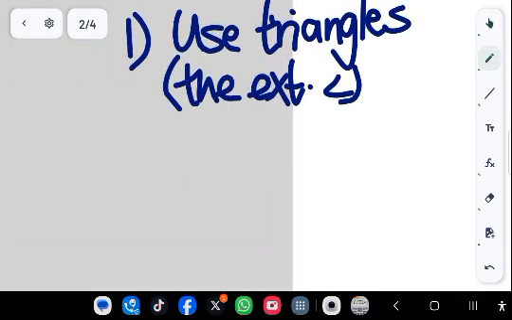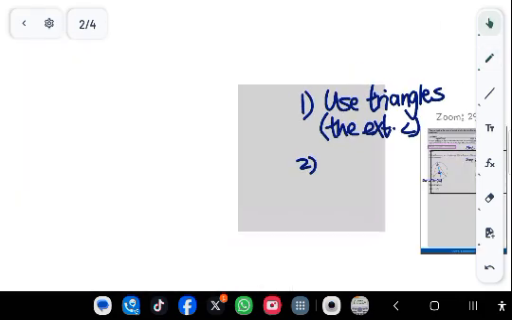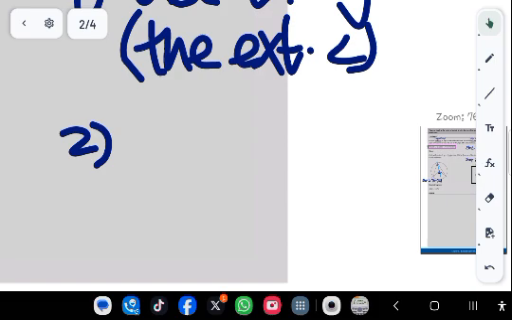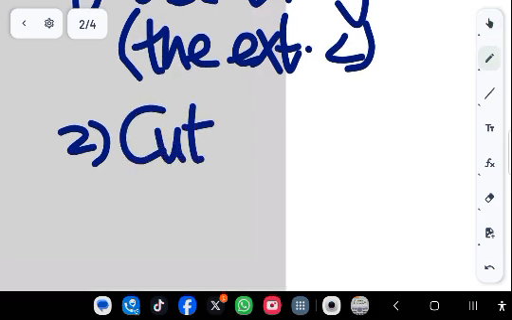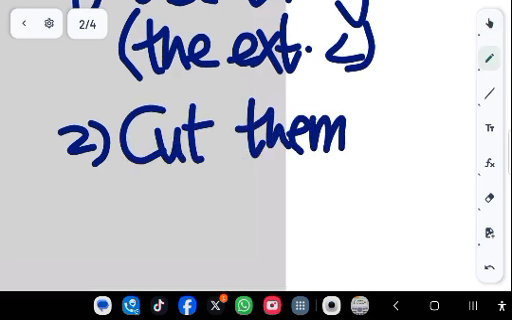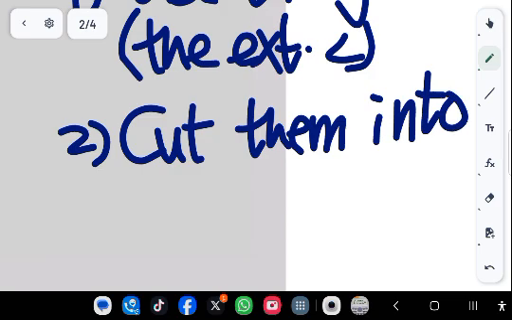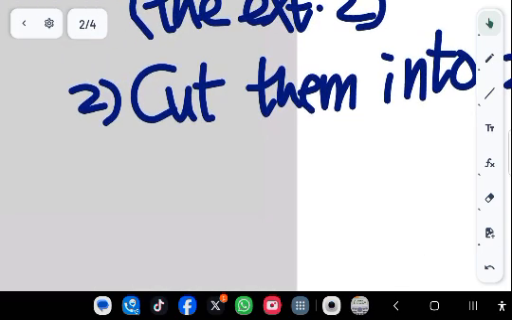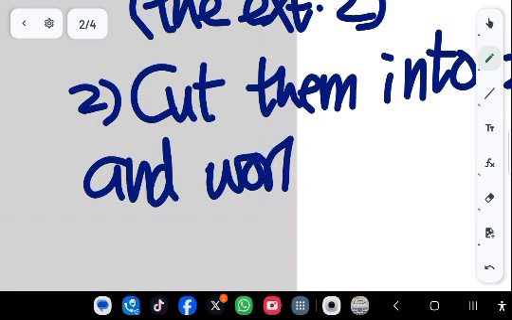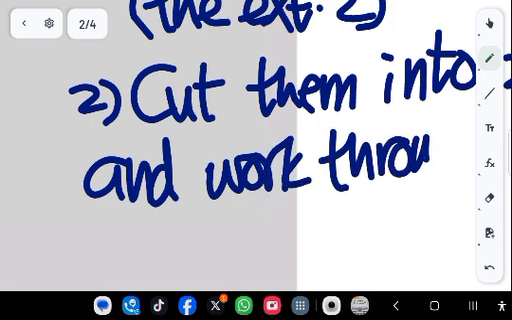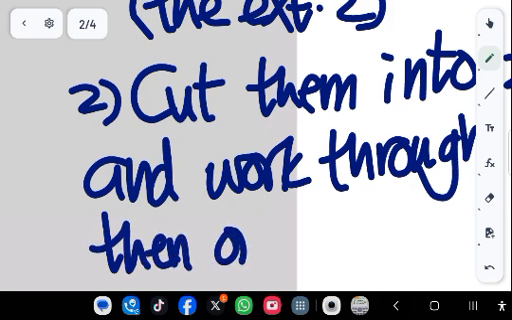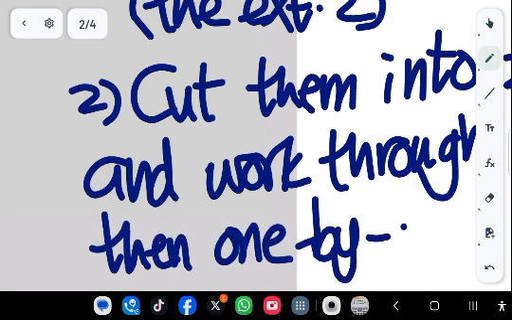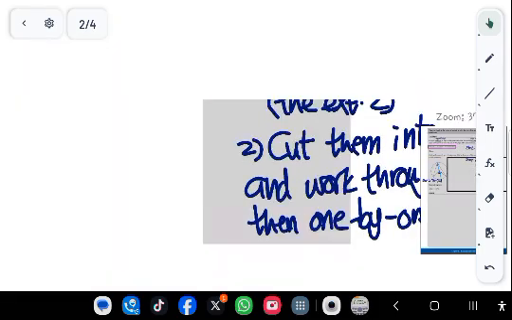Number 2, cut them into 2 and work through them one by one, one at a time. That's the strategy. Let's go.